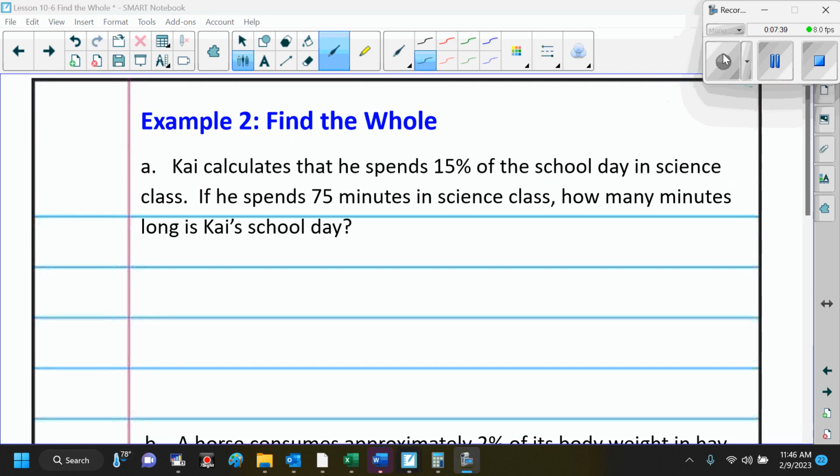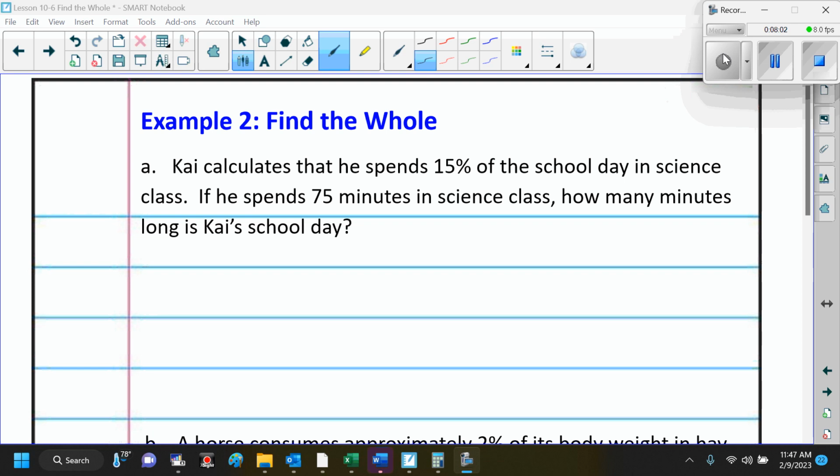All right, example 2 says Kai calculates that he spends 15% of the school day in science class. If he spends 75 minutes in science class, how many minutes long is Kai's school day? Okay? Now, first thing we want to do is write down our important information. So, what's important here?